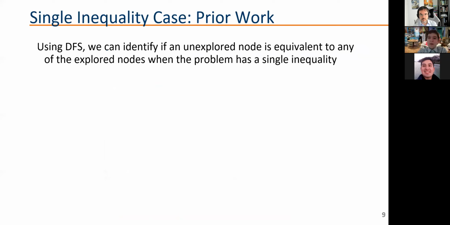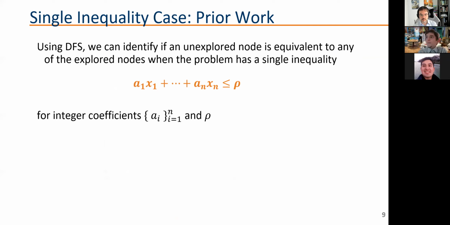There was some knowledge about how to do that for a long time, especially for the case of a single inequality. If you give me a formulation like this, just a single inequality, let's say a knapsack constraint, where you have variables x1 to xn with coefficients associated with each one of them, and a right-hand side of, let's say, rho.